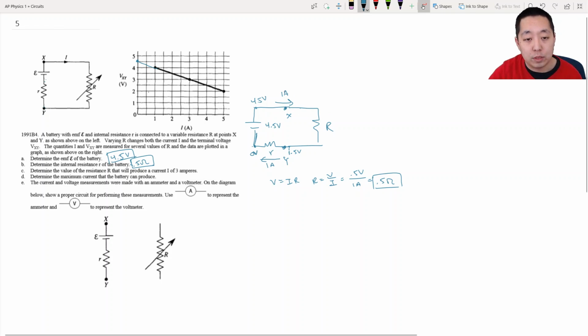And I want 3 amps flowing through this resistor R, with a 3 volt difference across it. Again, by V equals IR, R is equal to V over I. The voltage across the resistance is 3 volts, and I divide by 3 amps, because that's how much current I want to go through. That's equal to 1 ohm.